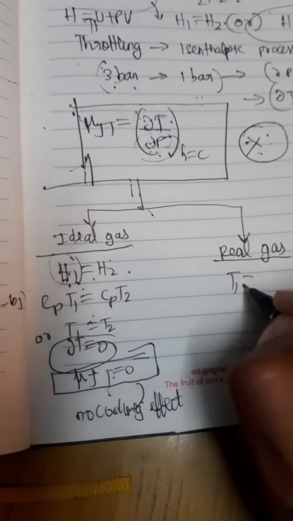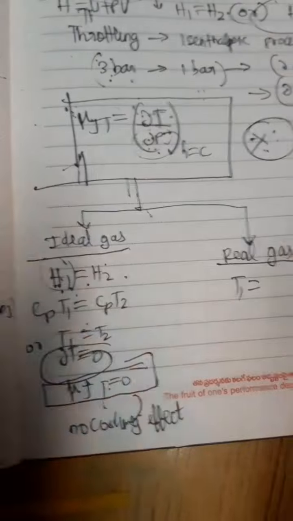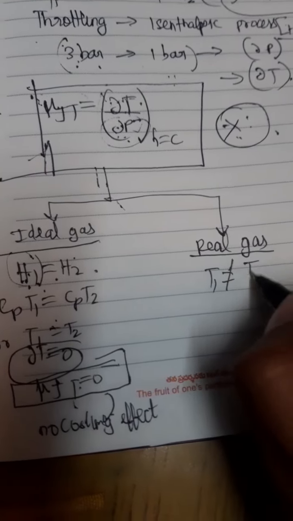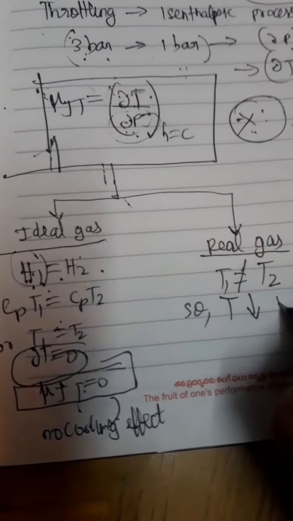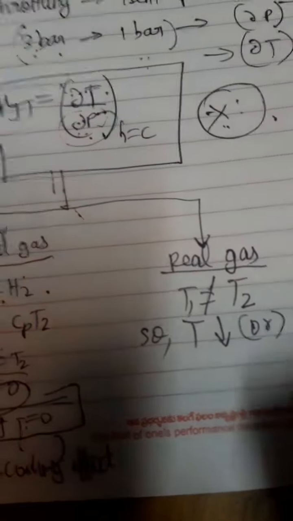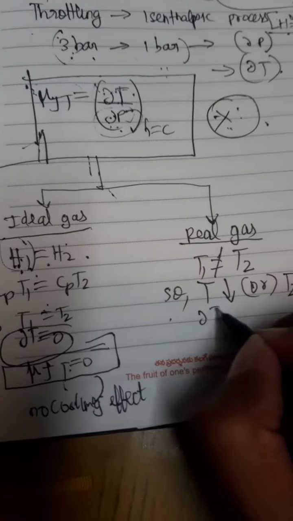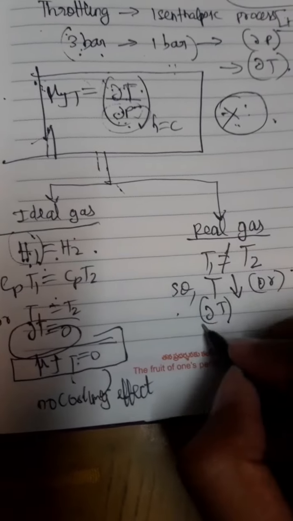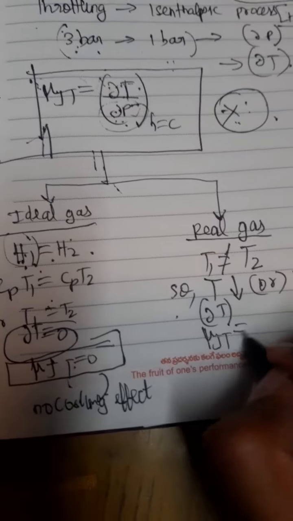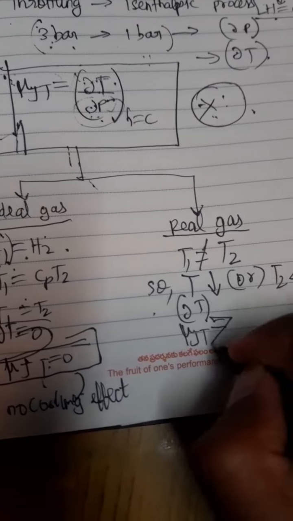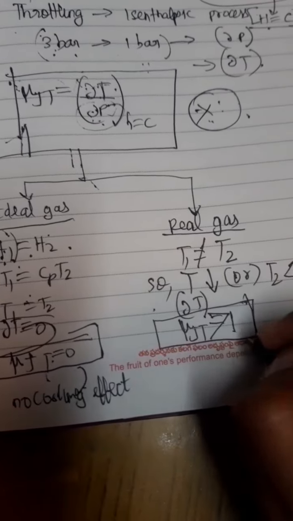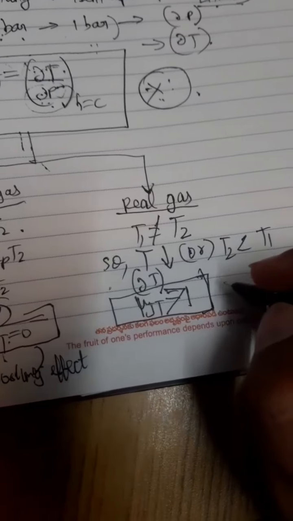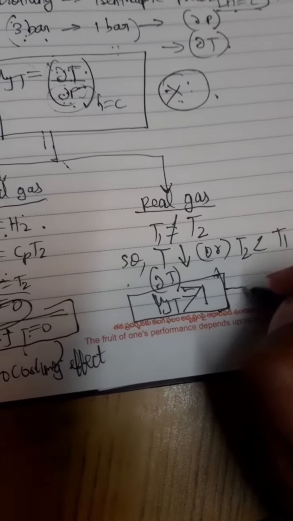So T1 is not going to be equal to T2. There will be some drop in temperature, or T2 is going to be less than T1. So there is going to be a change in del T. So the Joule Thomson coefficient will be greater than 0 for a real gas. And this effect is exploited in many industrial applications to produce a cooling effect.